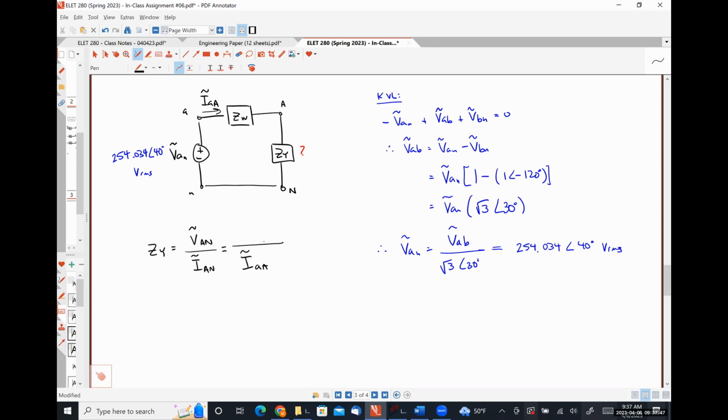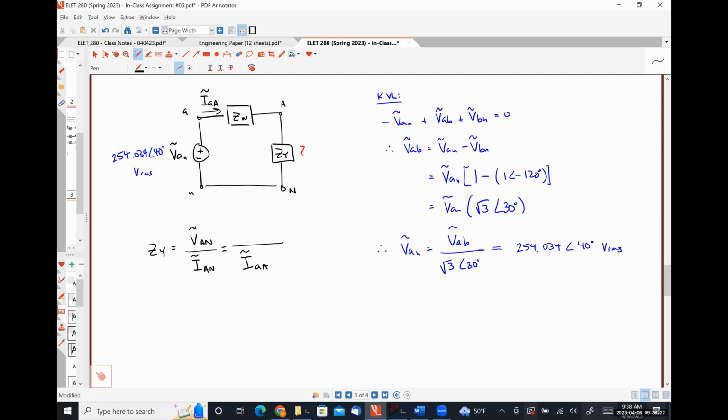How are we going to get that voltage VAN? To use a voltage divider, we would have to know what ZY is. Any other thoughts? You've nailed it, 100% correct.